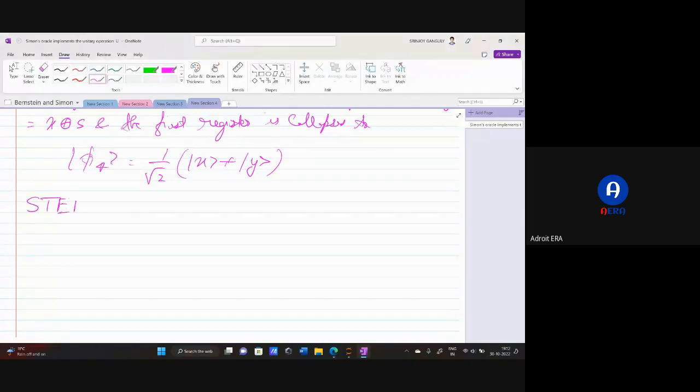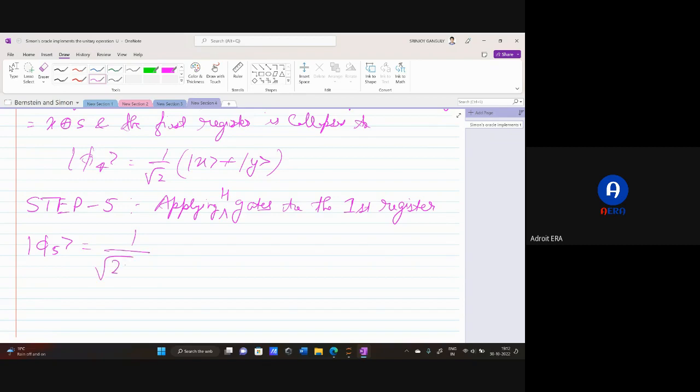Step 5 is again applying Hadamard. I also mentioned that this is very similar to the Deutsch-Jozsa structure: applying H gates to the first register, which will give you psi 5, which is 1 upon 2 to the n plus 1, and then summation z belonging to 0 1 to the n.